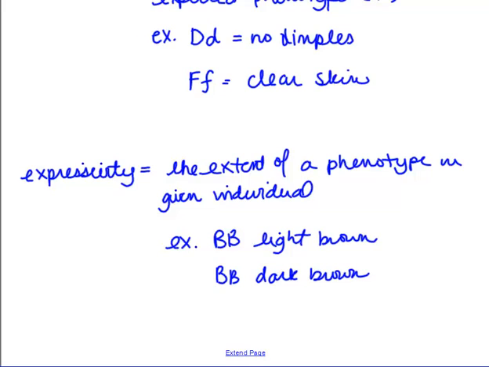Or another example is if a female has a cystic fibrosis allele and she has respiratory problems, whereas a male with cystic fibrosis is infertile, and both of those symptoms are due to the disease, but they have different extent in the phenotype of these individuals.